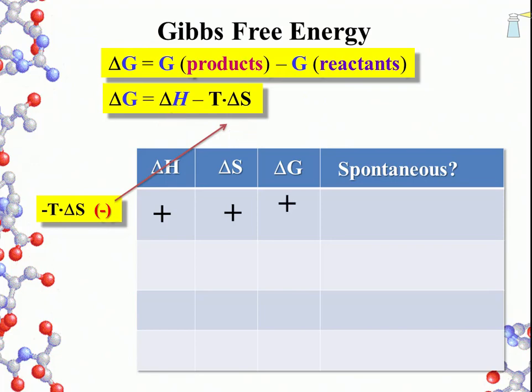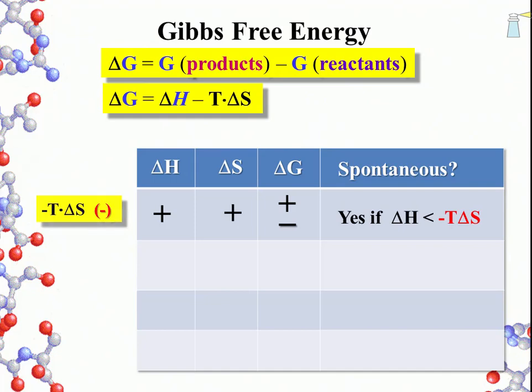The positive delta H wins out. If, however, the negative term minus T delta S is larger than the positive delta H, then delta G will be negative. With this arrangement of energies, delta G is negative and spontaneous if the minus T delta S is larger than the change in enthalpy.